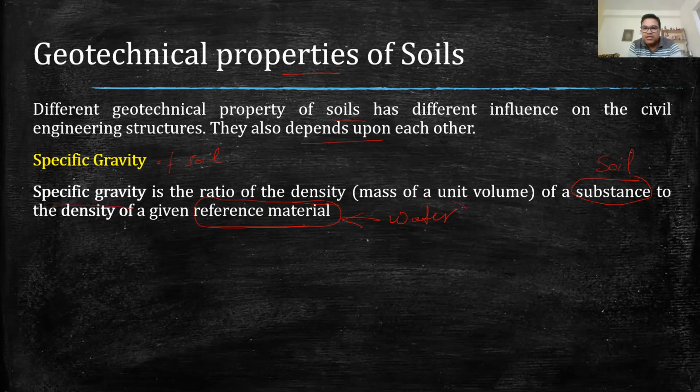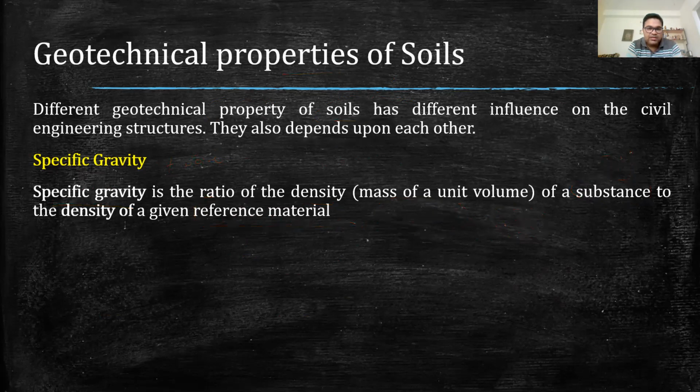Now, generally, specific gravity of water is 1, and if any material has specific gravity more than 1, then that material will obviously sink. If the specific gravity is less than 1 for any material, then it will not sink, it will simply float on the water. So this is how we can imagine the property, specific gravity.